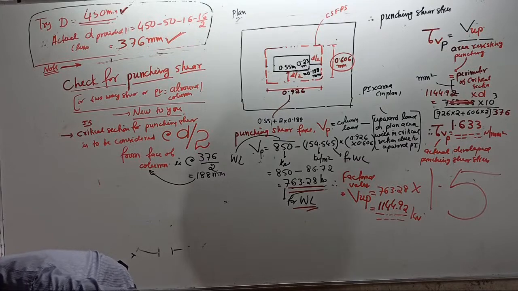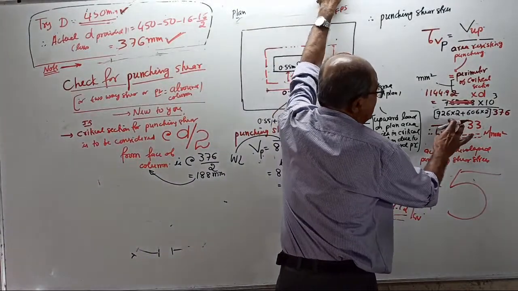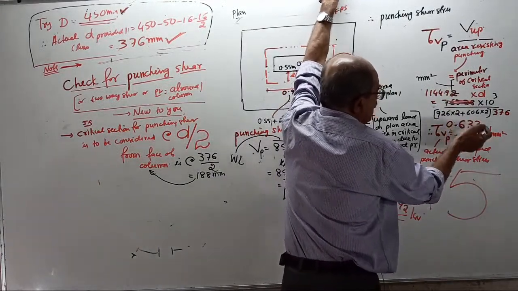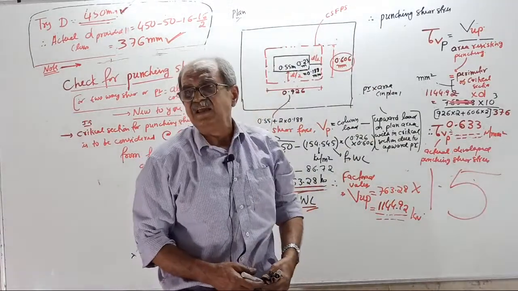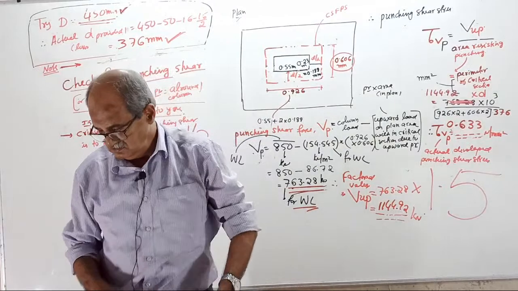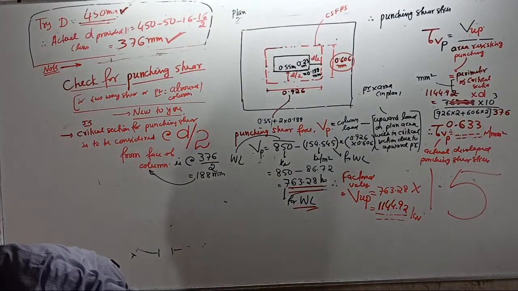I don't know what you are doing. Earlier you told the answer point how much? 633. When you told earlier 0.633, now how is it becoming 1.633? What is happening first of all? What is the problem with you? I think I should stop the class. Better, I am going to stop now.